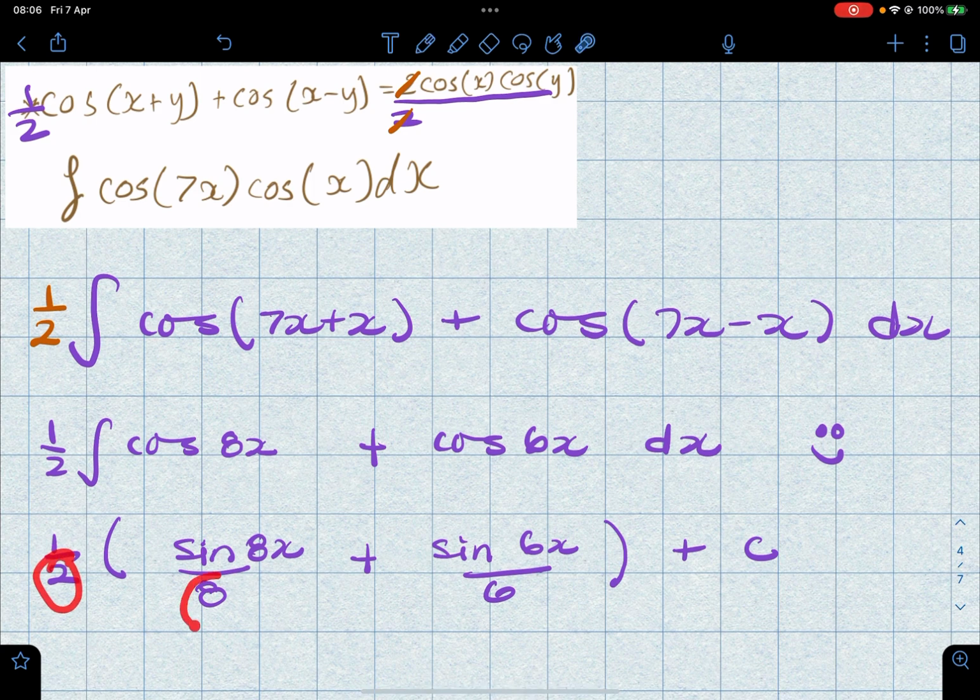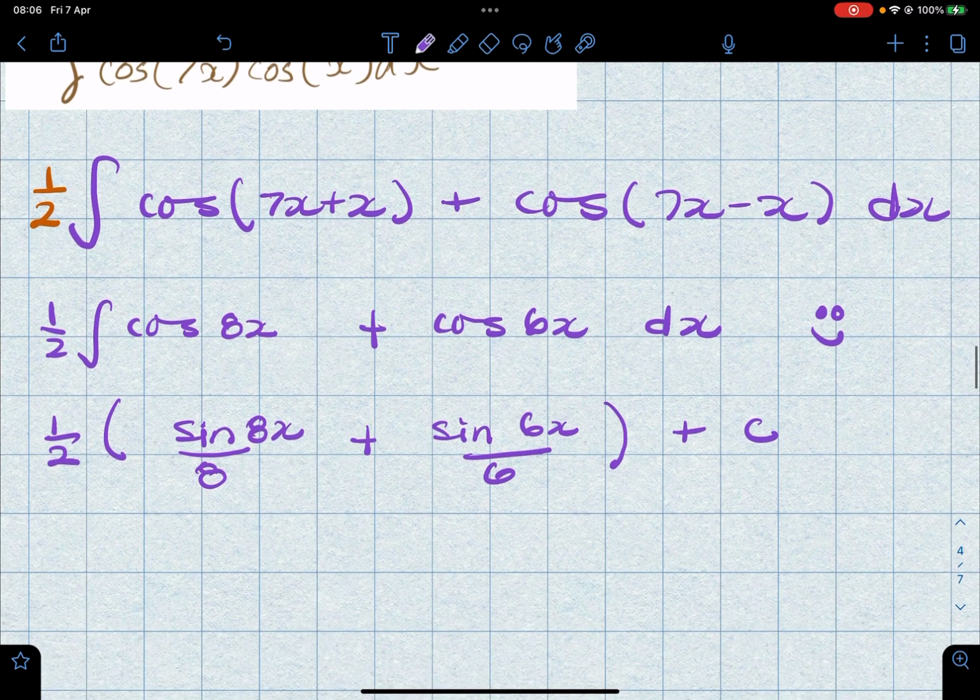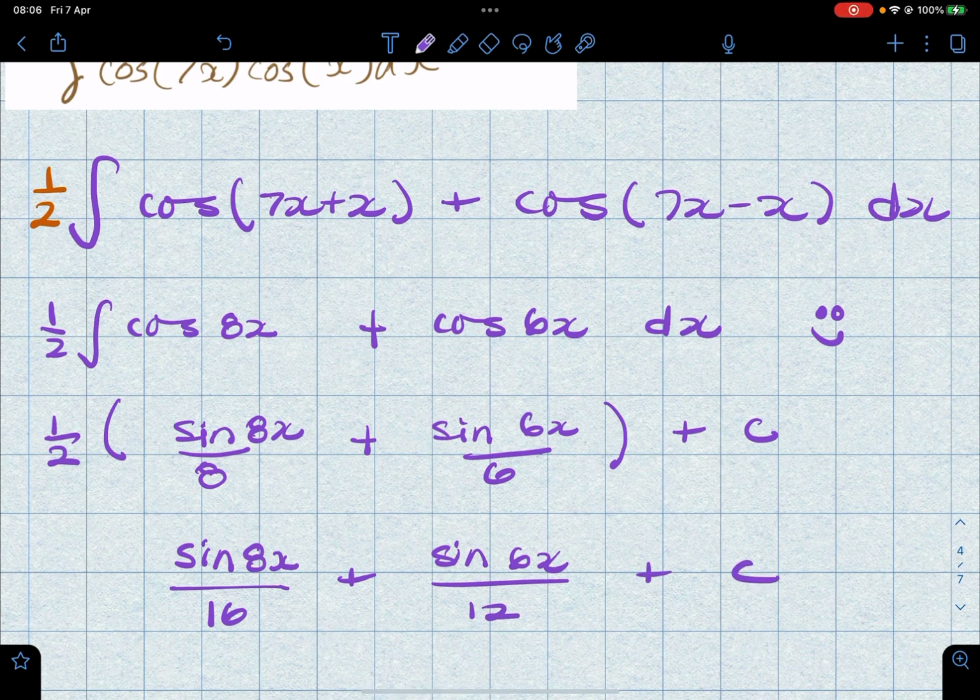And that half, you can multiply denominators. So the final answer will be sine 8x over 16 plus sine 6x over 12 plus a constant.